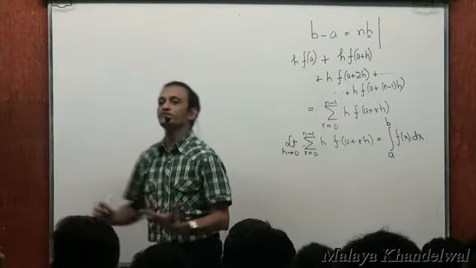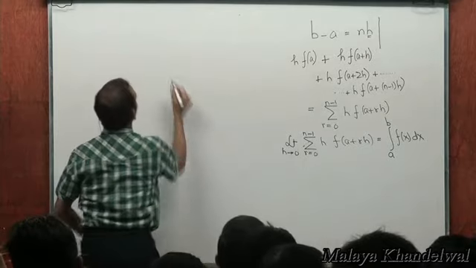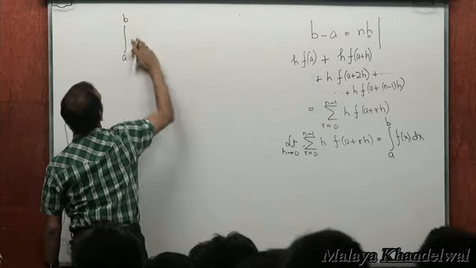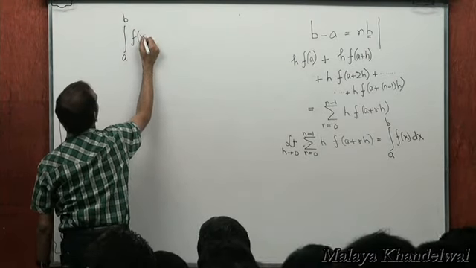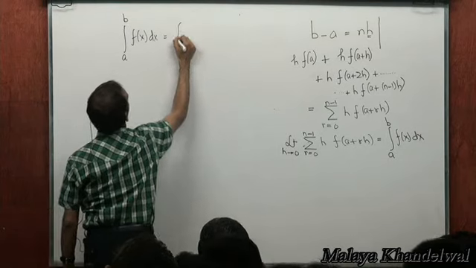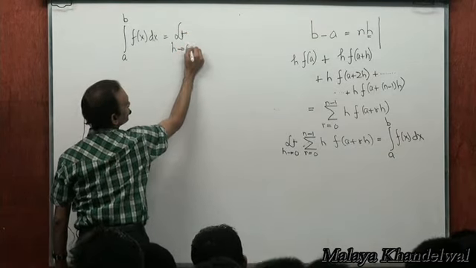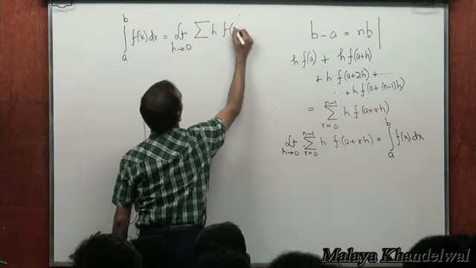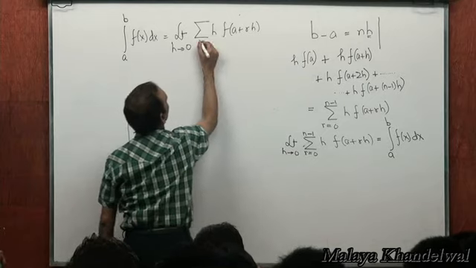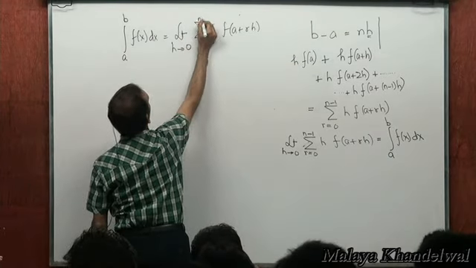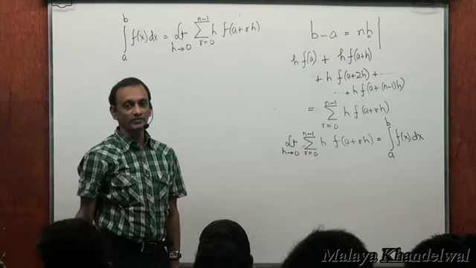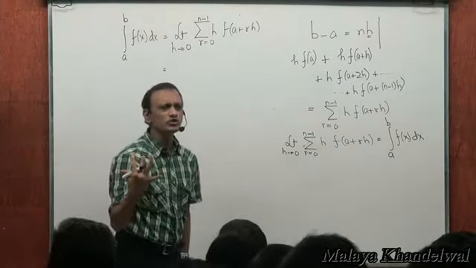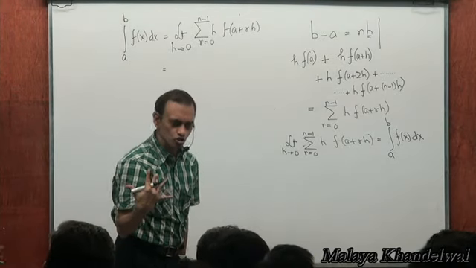Just to give it different algebraic looks, what we have is integral a to b f(x) dx is limit h tends to 0 summation h f of a plus rh, r equal to 0 to n minus 1, right? So writing everything in terms of n, as h tends to 0, n tends to infinity.